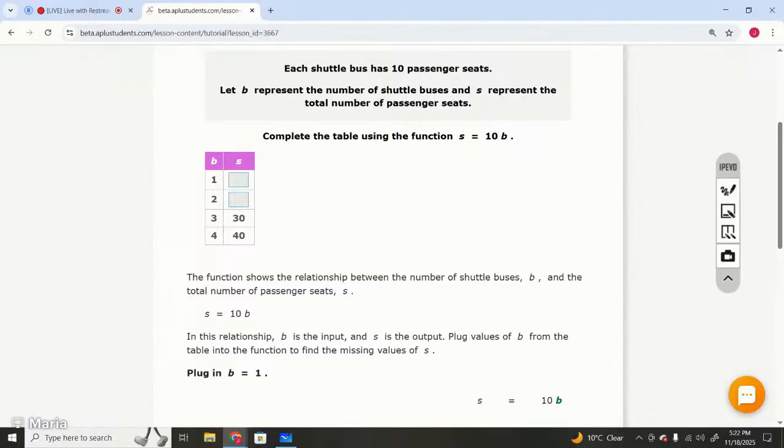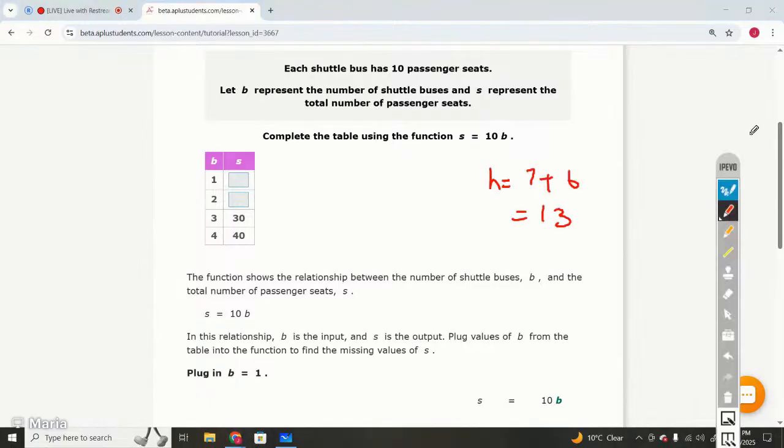Let B represent the number of shuttle buses and S represent the total number of passenger seats. Complete the table using the function S equals 10B.